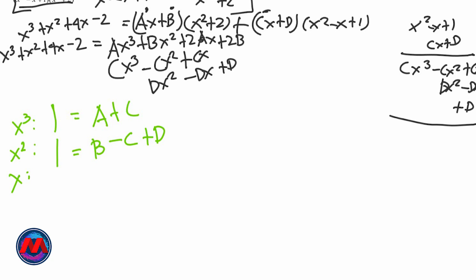Coefficients ng x is 4. X, that's 2A plus C minus D. Tama ba? Wait, that's 2A. Yung 2A, tapos C, tapos D. Tama. And lastly is the constant. Ang constant natin, it's negative 2 is equals to 2B plus D. Alright.